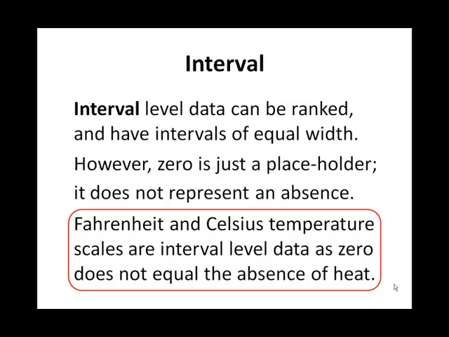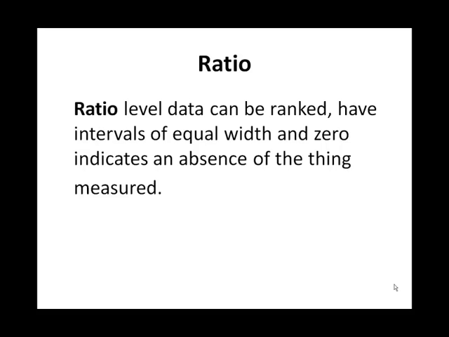What's more common, I would argue, based on my recollections, as I sit here narrating this, is ratio level data. So ratio level data can be ranked. They have intervals of equal width, and 0 indicates the absence or the lack of the thing being measured, right?